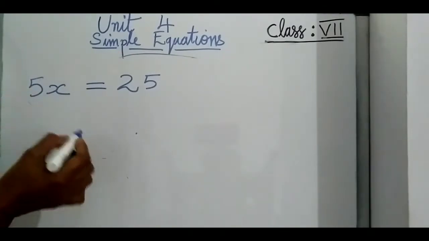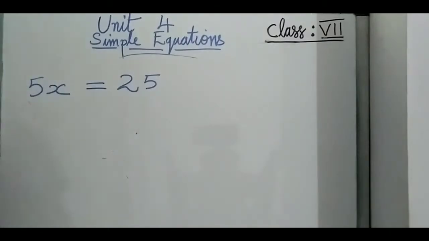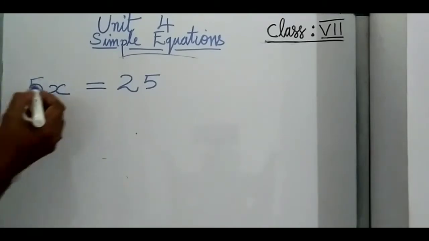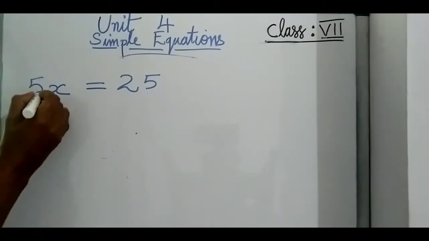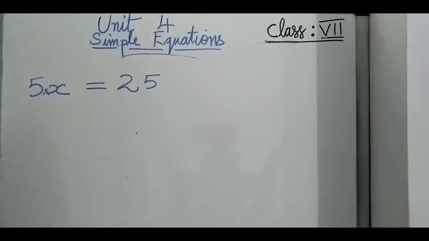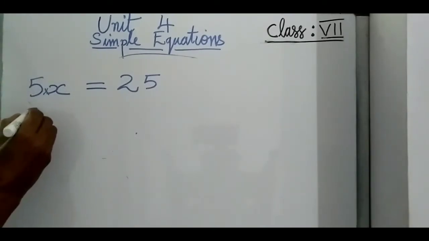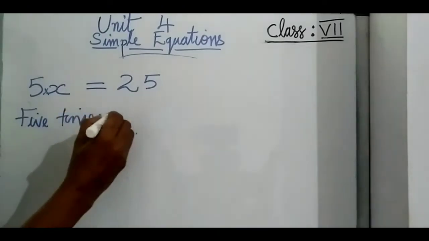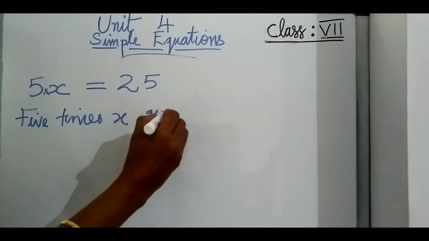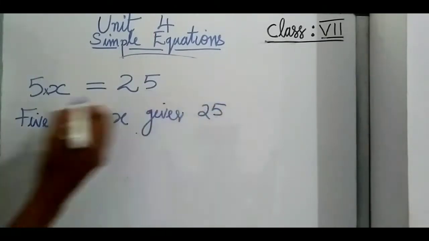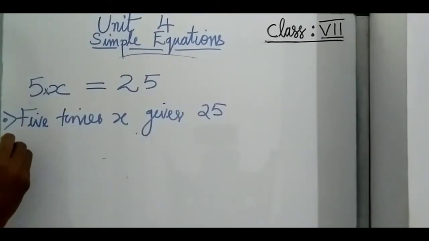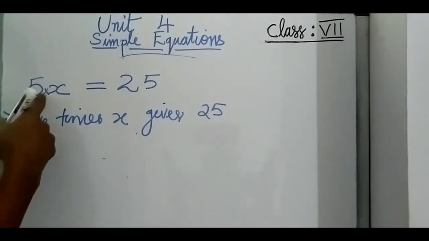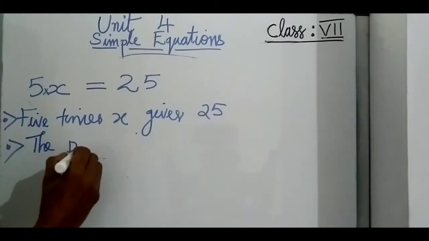What is the statement form here? 5x equals 25. Here, 5x means 5 into x, which we can say as 5 times x. So 5 times x gives 25. This is one answer. Another one: the product of, we can use that word also, the product.